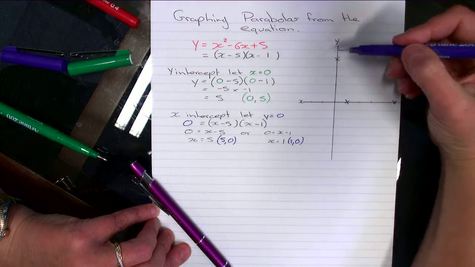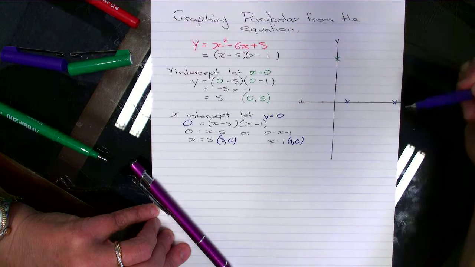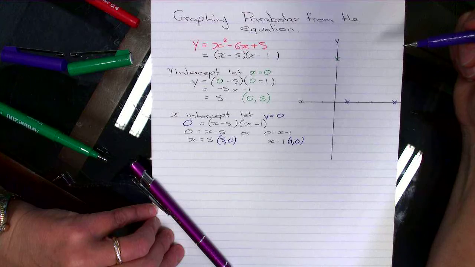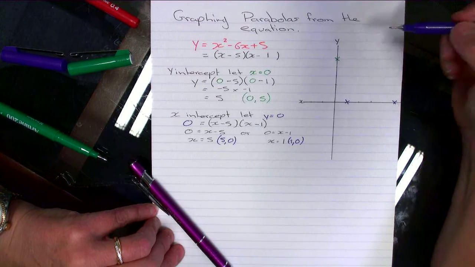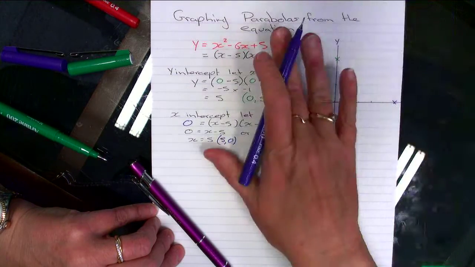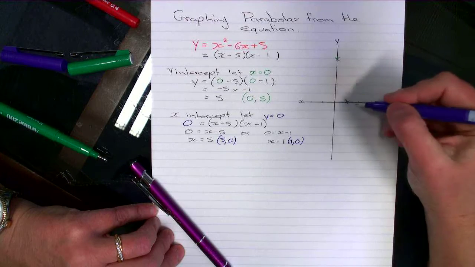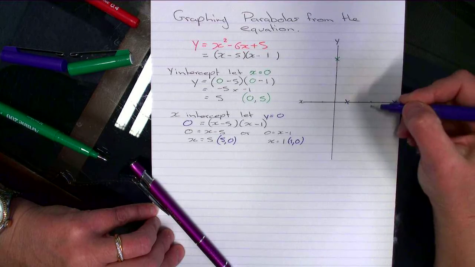Okay? So starting here, it's going down and then coming up. So the next thing we have to find is our turning point. Because parabolas are symmetrical, we know that our turning point is going to be halfway between here and here.